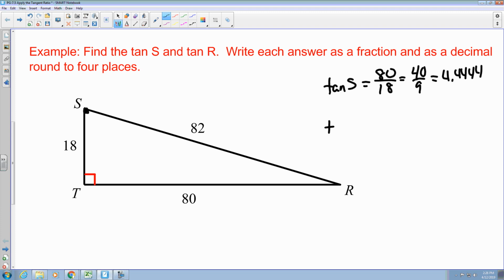Now looking at tangent R, which is right here, the opposite is now 18. The adjacent in this case is 80. So now my reduced fraction is going to be 9 over 40, and 9 over 40 is going to be equal to 0.2250. Since I was done writing the decimal places but they wanted 4, I just attached a zero to it.